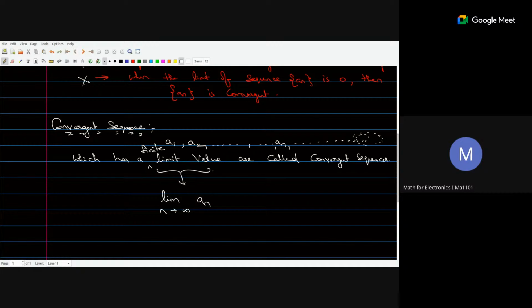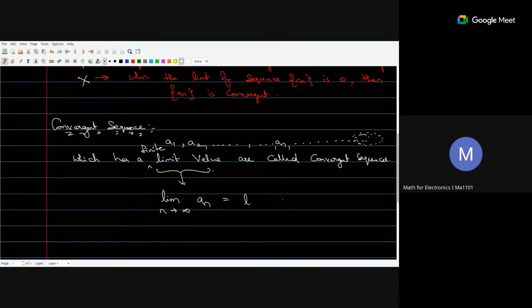If those numbers are coming to a unique value, I mentioned a word called unique, if it is going to some L or maybe small l. Unique means a single value, only one value.